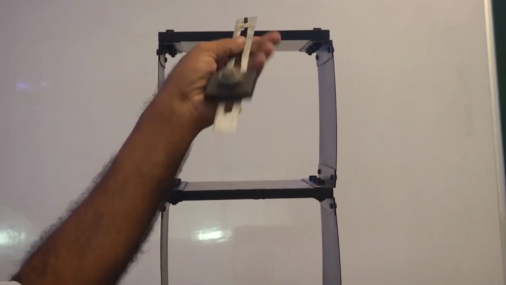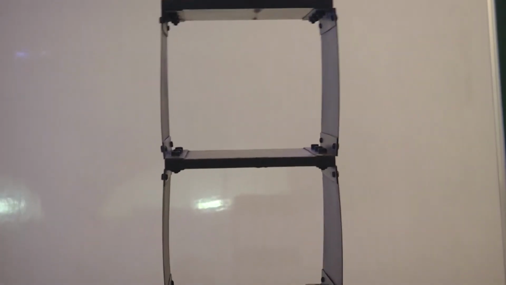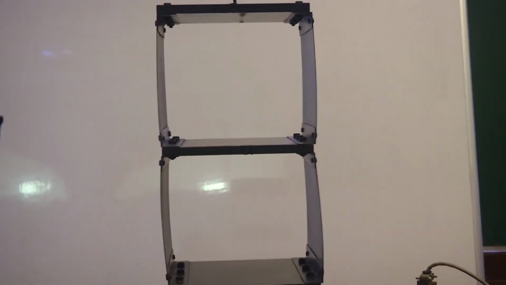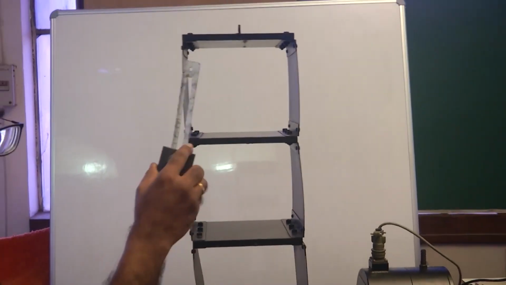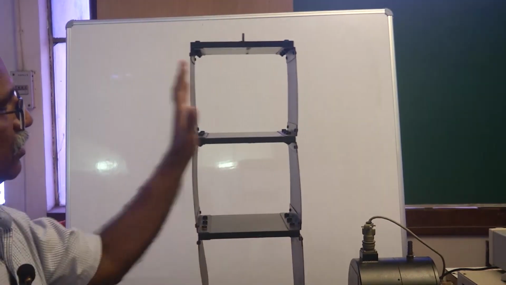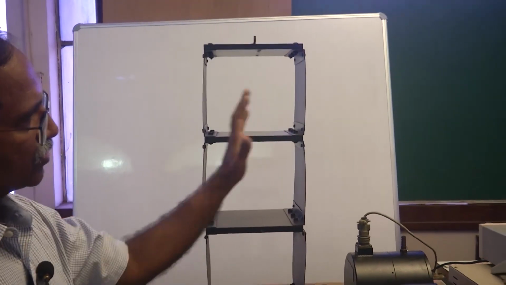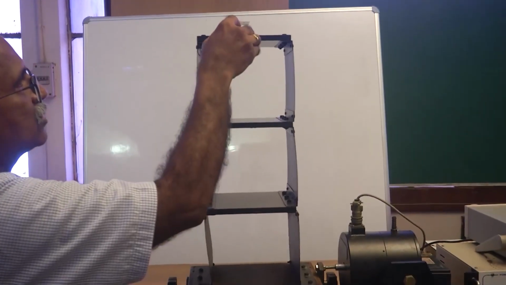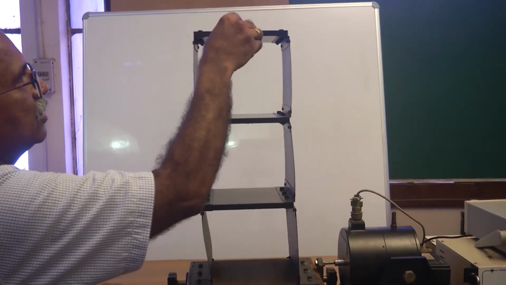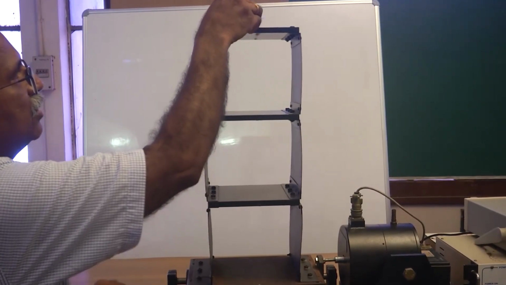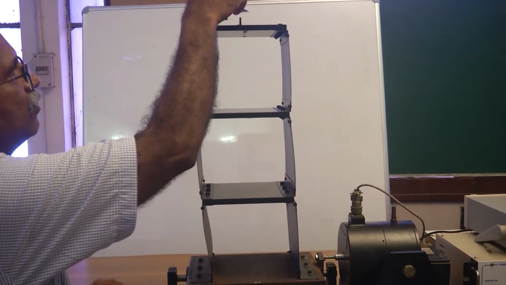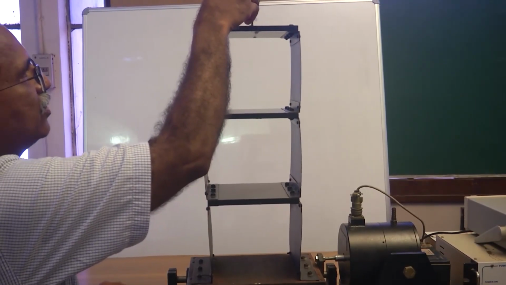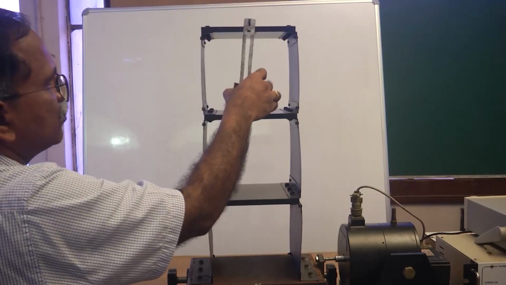So this vibration absorber does its job of reducing the vibrations of the parent vibratory system. You can again note that the amplitudes are substantially large at its first natural frequency, and by tuning the pendulum's parameter like the length, I am ensuring that the pendulum natural frequency is 1.3 hertz, which is the first natural frequency of this building.